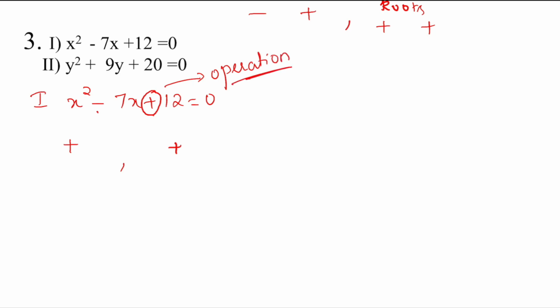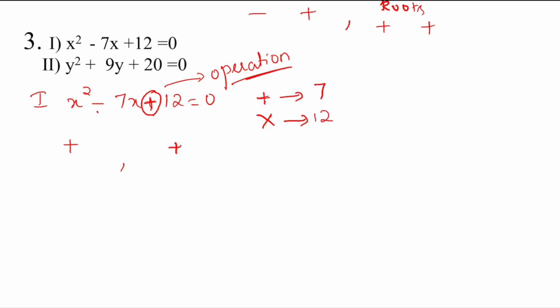Since there is a plus symbol in the second term of the equation, we have to get two roots such that if we add we should get 7, and if we multiply we should get 12.